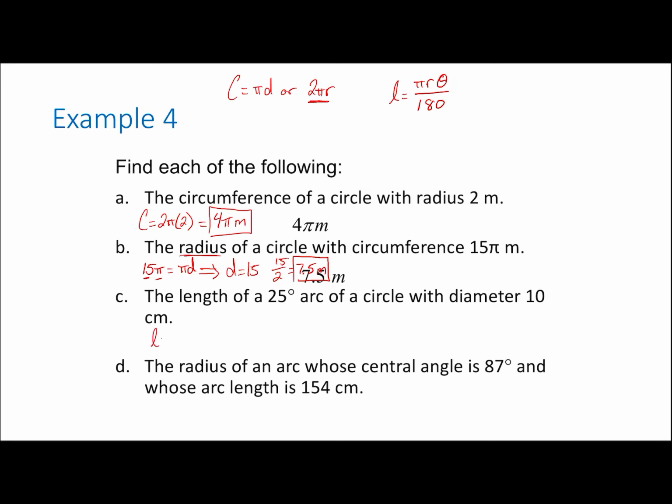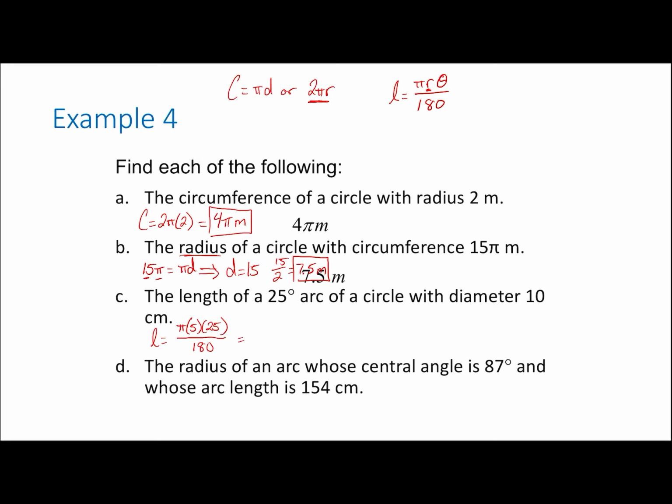So our length can be found by taking the 25 degrees, which is the theta. The diameter is 10. Well, this formula uses the radius, and so the radius is half that diameter. So if we substitute those numbers in, we have pi times the radius, which is 5, half of 10, times 25 over 180.